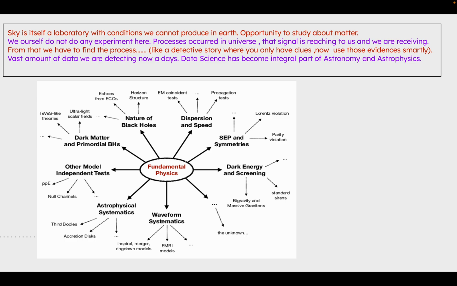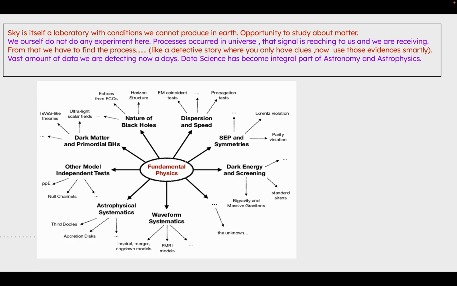In the universe, experiments are going on every microsecond, every pinch of second. We ourselves do not do any experiment here. The processes are occurring in the universe itself. We have just some telescopes, and we are detecting those signals.